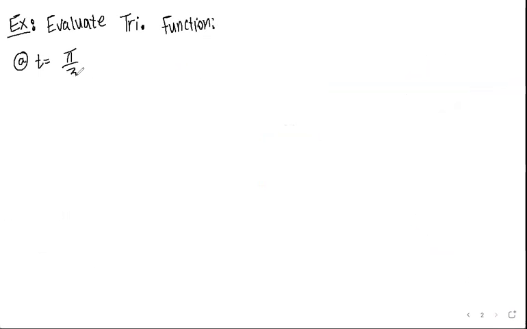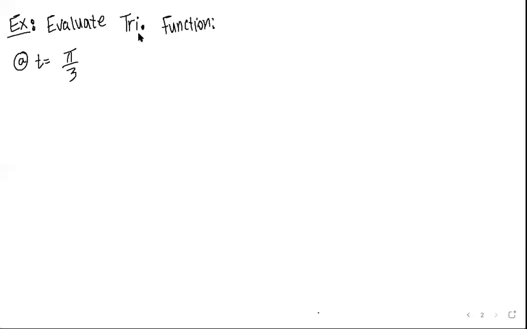So now let me give you an example. The question is: evaluate the trigonometric functions for t equal to pi over 3.